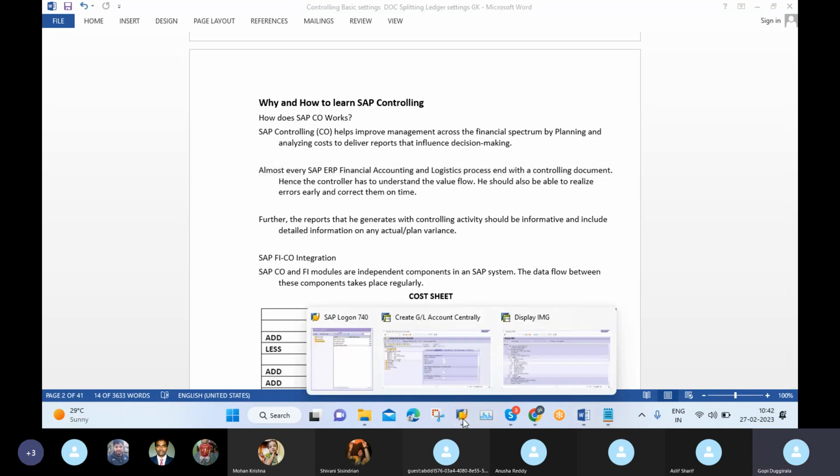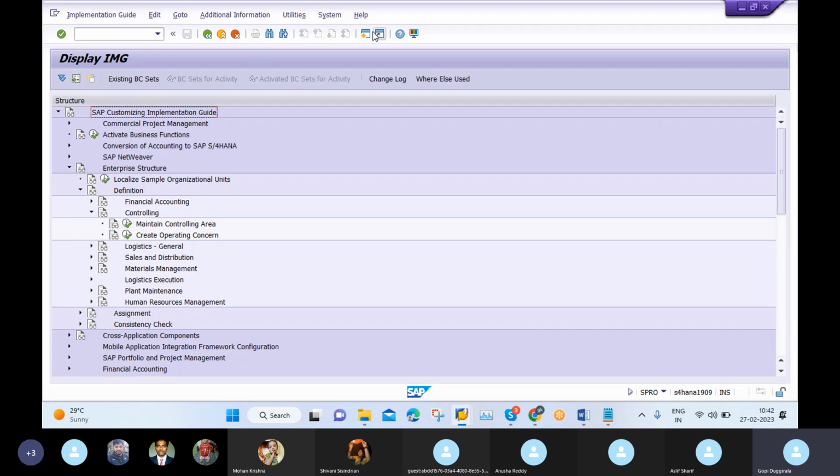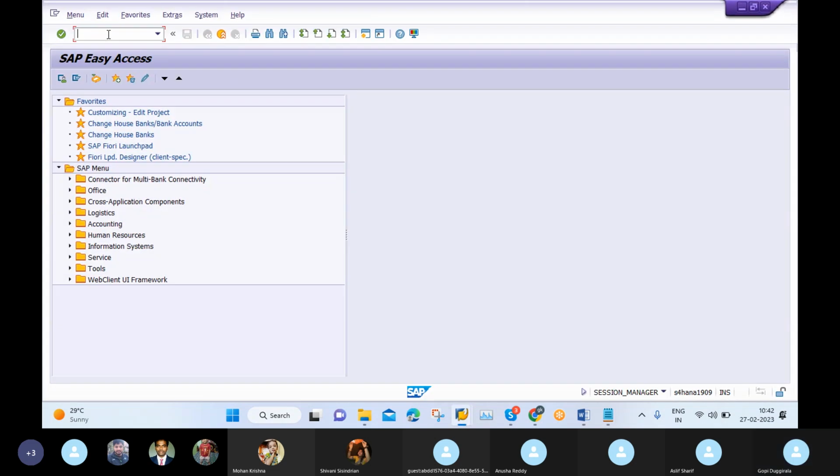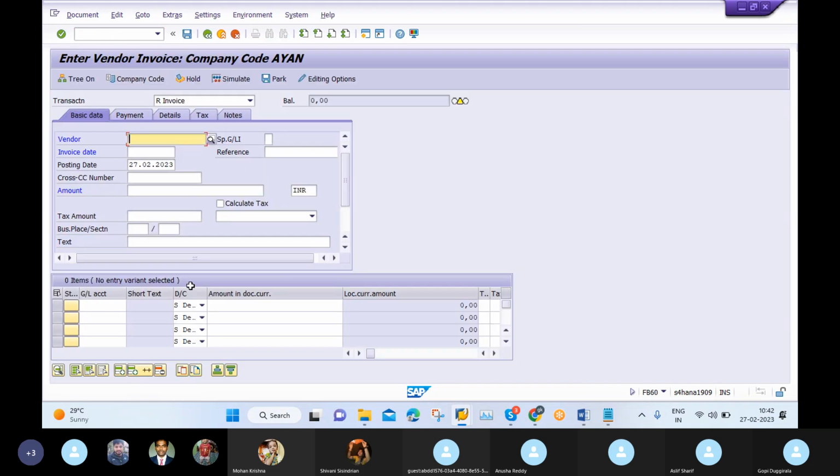How will we post the purchase invoice and sales invoice in SAP? What is the T code? FB60. What is this for? Vendor invoice, it means purchase invoice.